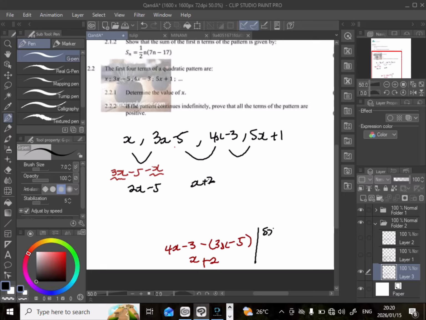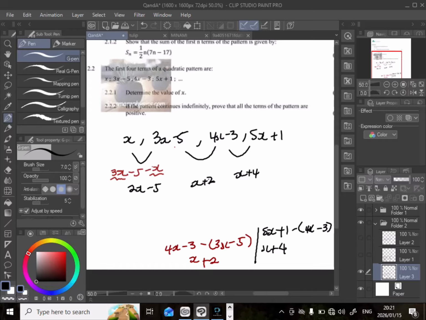This will be x, then 1 minus, into minus, this is positive 3, so it's 1 plus 3, which is just 4. Yes, it's just 4.